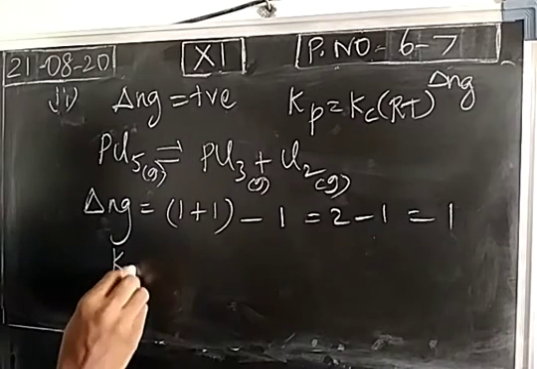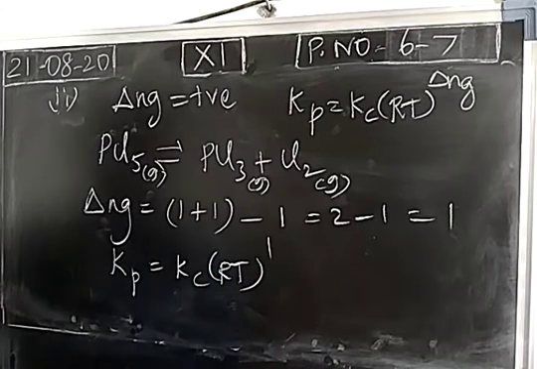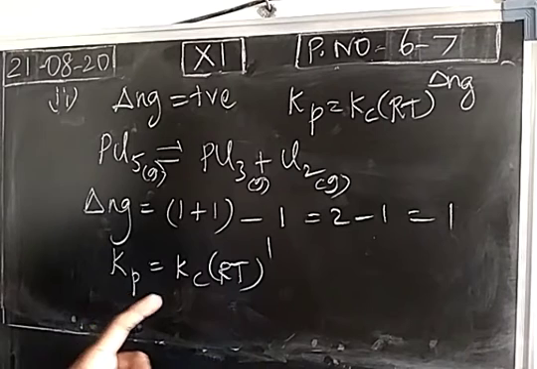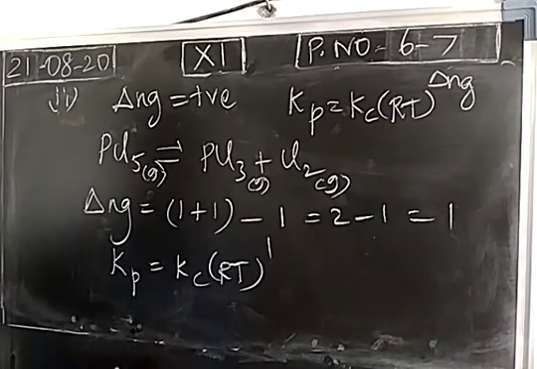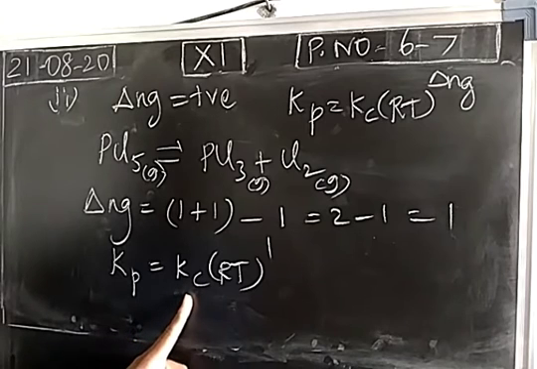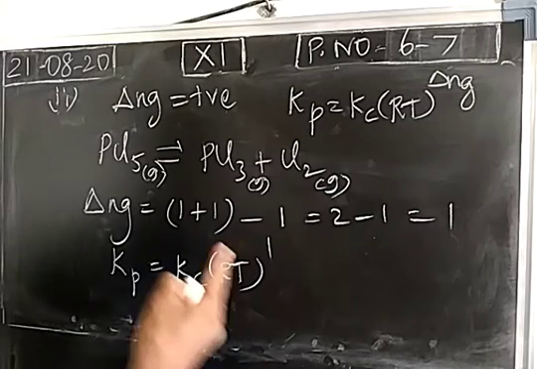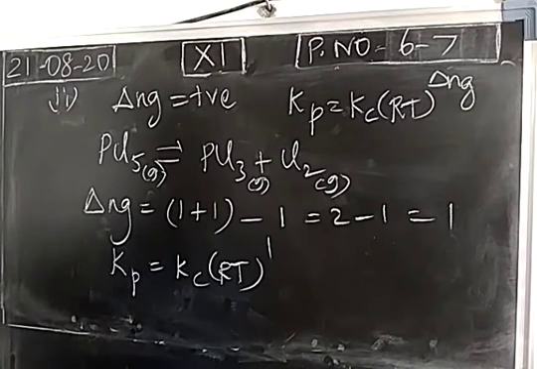What is the relationship between Kp and Kc? RT power 1 means we will get a value due to the multiplication of Kc, gas constant and temperature. By multiplying all these values, we will get Kp. Right?